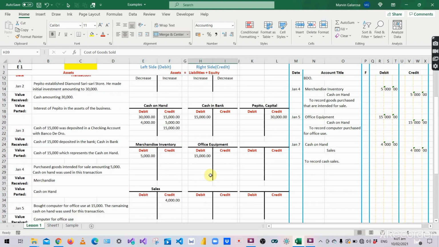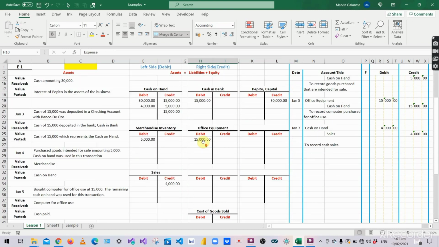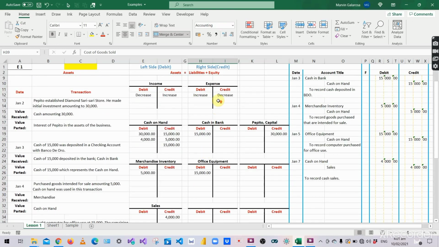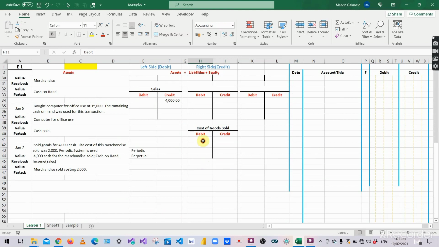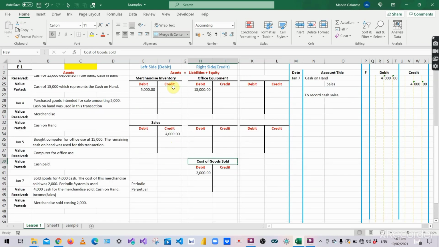Si cost of goods sold, classified yan as expense. Under siya ng expense. Since ang increase sa expense ay sa debit side, so yung 2,000 pesos, lagay natin siya sa debit side ng cost of goods sold. So, nag-increase sa expense, nabawasan naman si merchandise inventory.